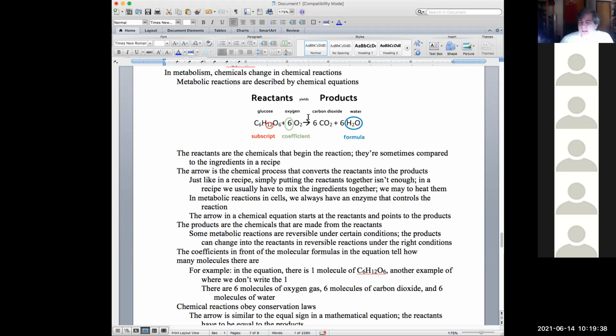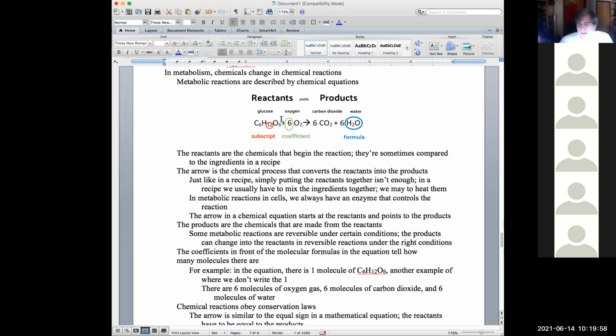When we look at a chemical reaction, there are three basic parts. So there's our equal sign, our arrow. Wherever the arrow starts, the things where the arrow starts are called reactants. You could think of the reactants as being like the ingredients in a recipe.